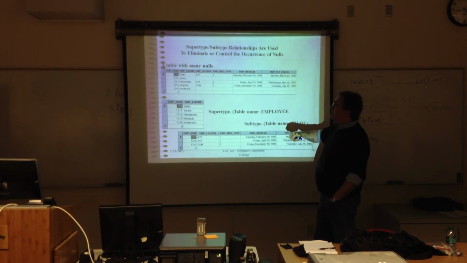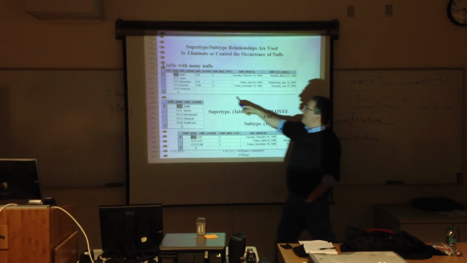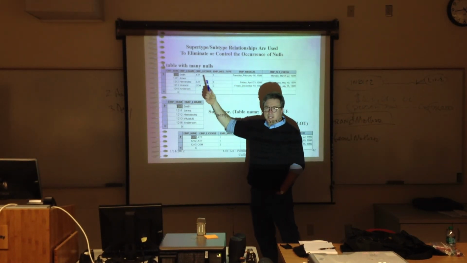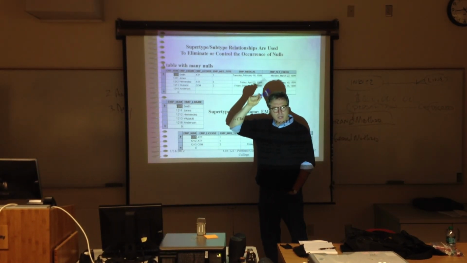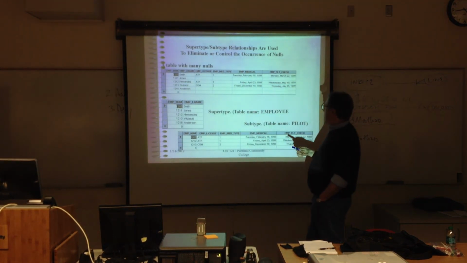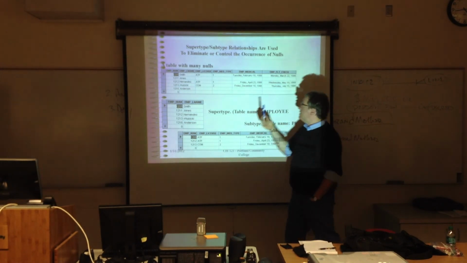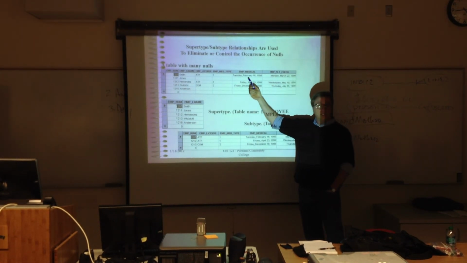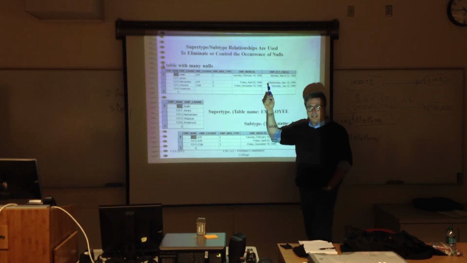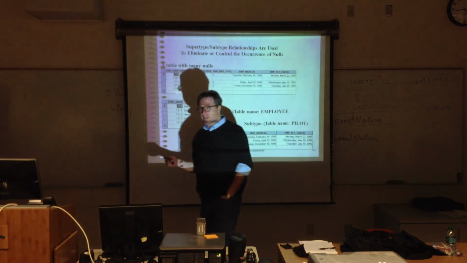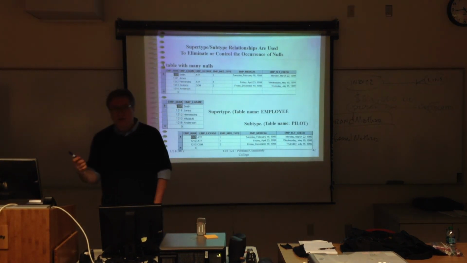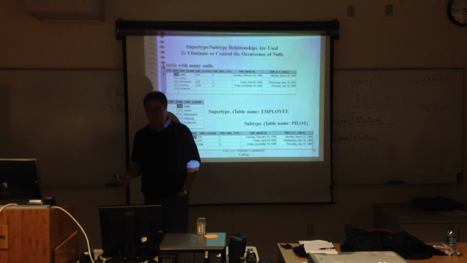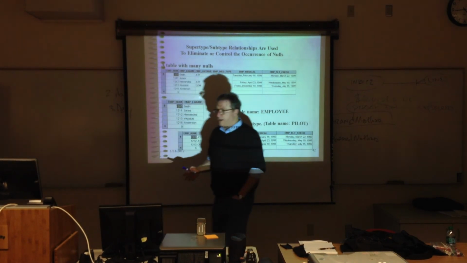In order to get a pilot's license, you have to have a medical, you have to pass a physical exam, and you have to pass a flight check. That's what gets you a pilot's license. Your pilot license expires if you go too long without another medical or you go too long without having someone reconfirm that you can fly.